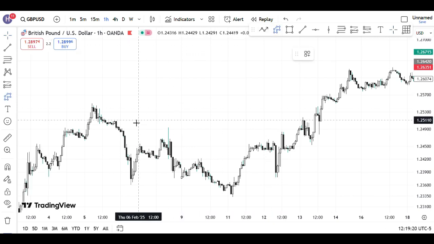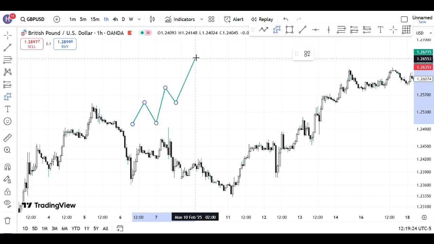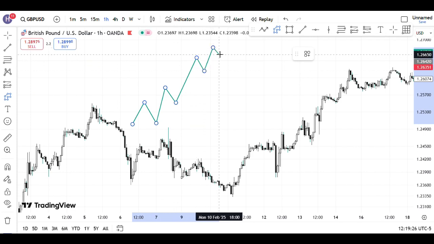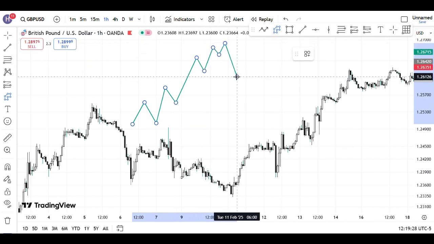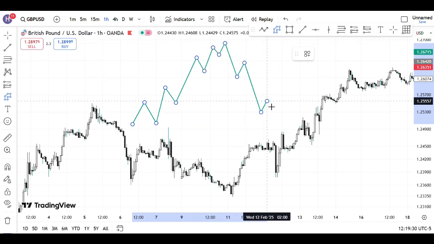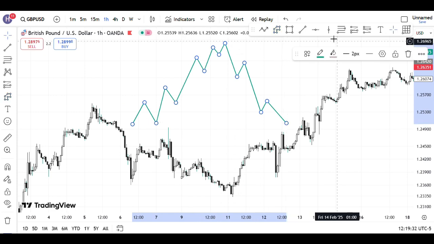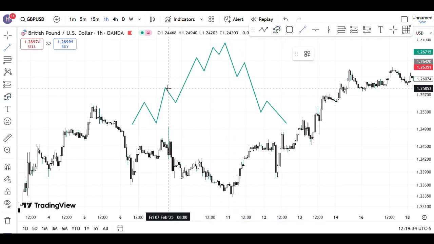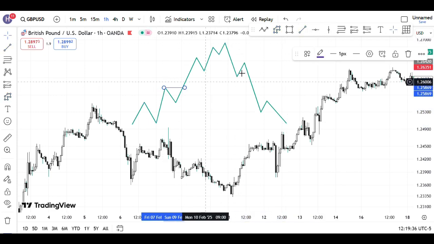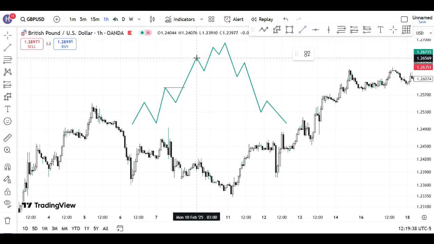Okay, I will make a chart like this. This is your price line, higher high, lower high, higher high, lower high. It's going like this, and it's going down. So this is your break of structure.